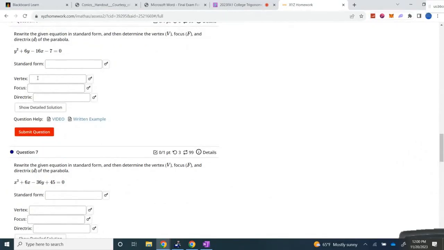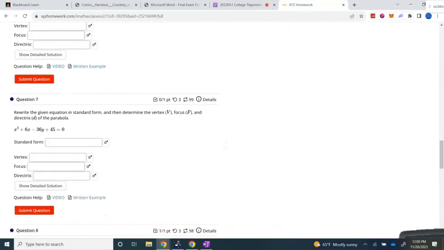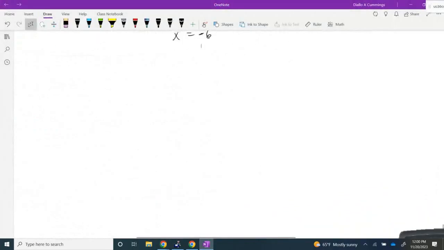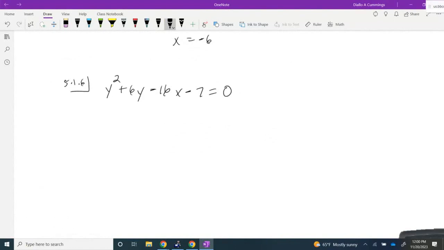That's y squared plus 6y minus 16x minus 7 equal to 0. That's number 6.